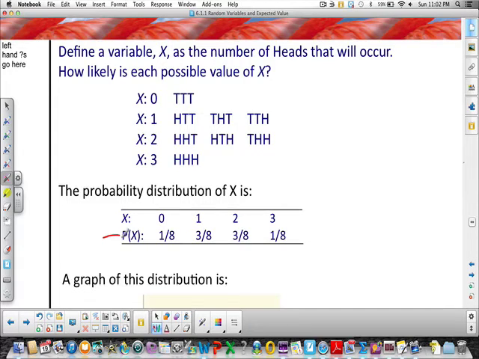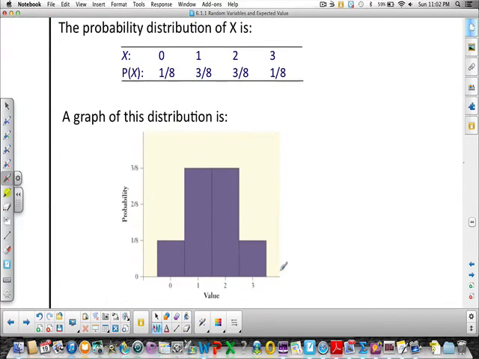And in the second row, we're looking at the probability of each of those values. 1/8 for 0, 3/8 for 1 because there were 3 outcomes that had 1 head out of the 8 total outcomes. Also 3/8 for 2 heads because there were 3 outcomes that had 2 heads. And then again 1/8 for a value of 3.